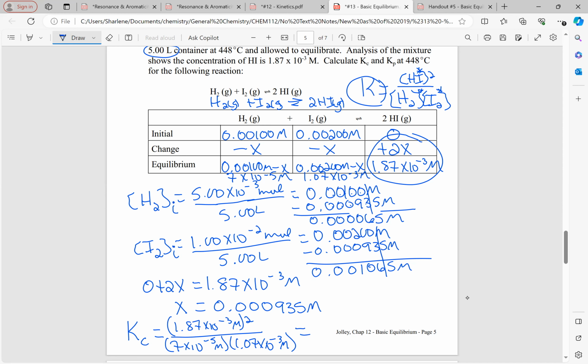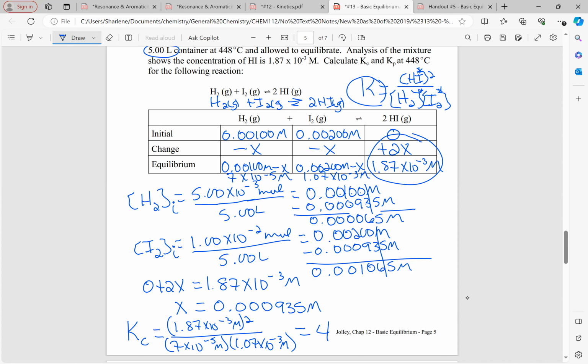So 1.87 to the negative third. I'm going to square that, divided by 7 to the negative fifth, and 1.07 to the negative third. Ooh, 46 points, lots of numbers. So I'm not rounding yet.